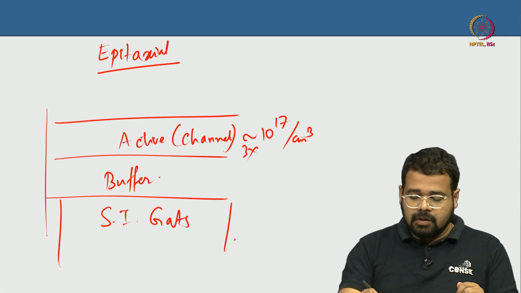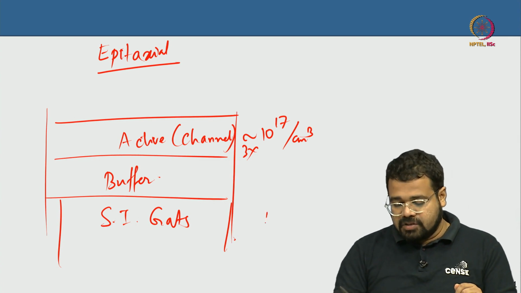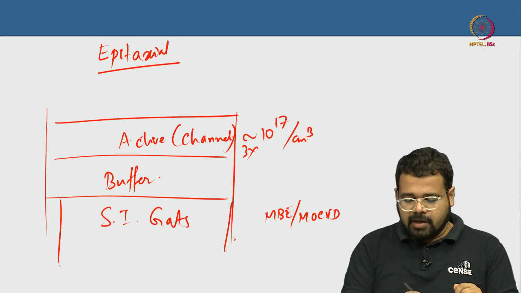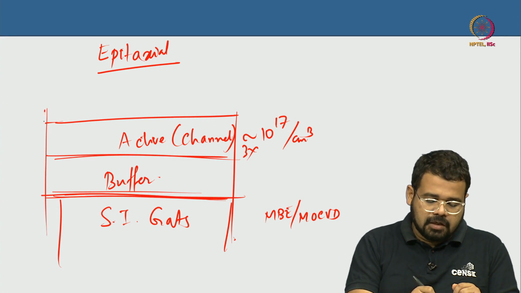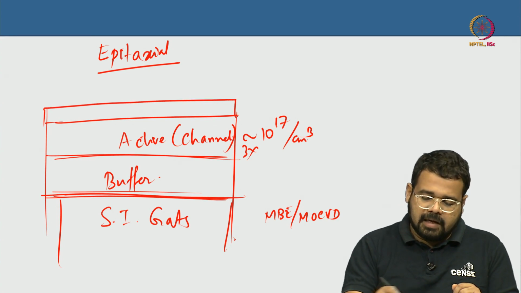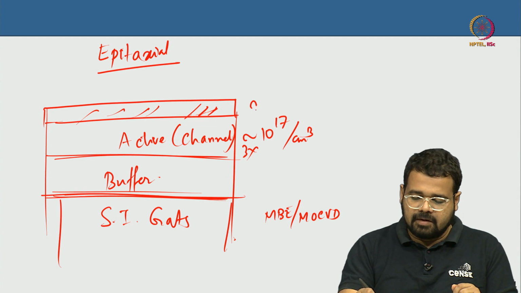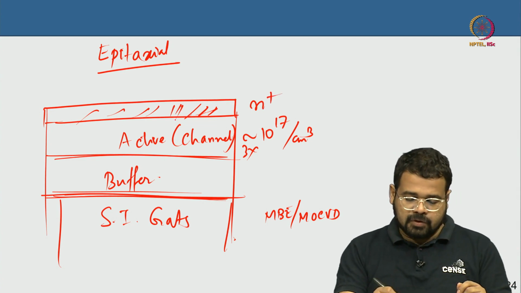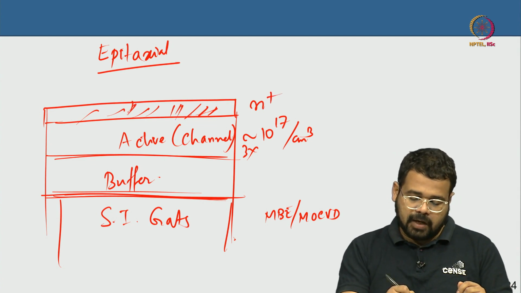The stack is grown by, say, MBE or MOCVD. These are techniques to grow epitaxial layers one atomic layer at a time. So you keep growing one atomic layer at a time, and then on top of that you grow a very highly doped N plus layer. Now of course the gate cannot sit on the N plus layer, so you have to etch the gate area away.